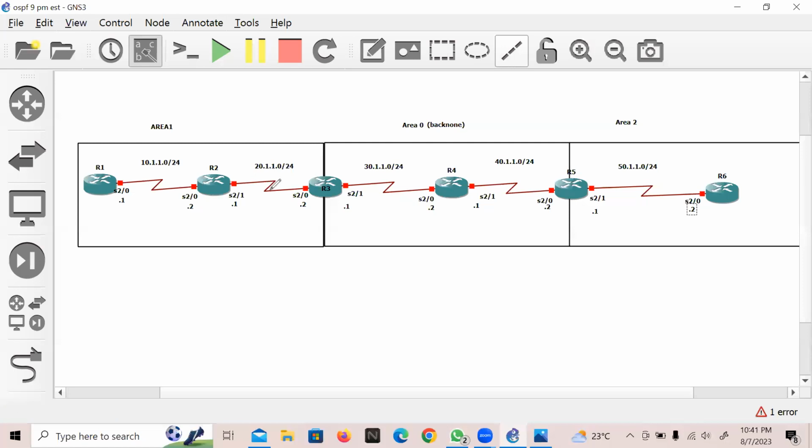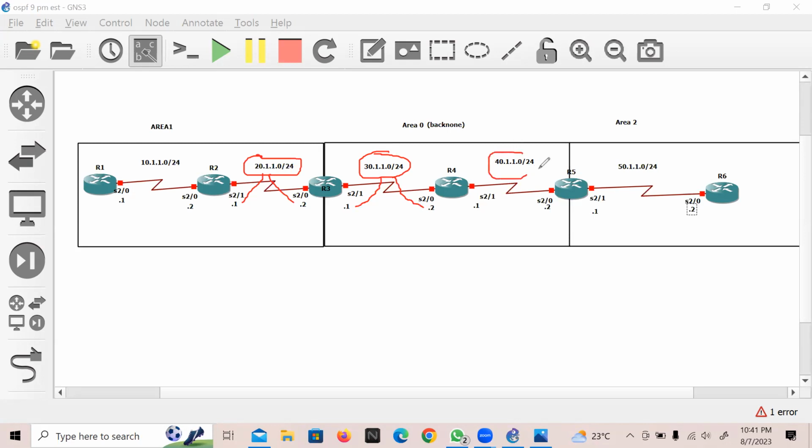Okay. Just see there. If I'm taking 20, I'm taking IP from this network. So 1 means 20.1.1. And this 2 means 20.1.1.2. Same thing here. 30.1.0. Point 1 means 30.1.1. 30.1.1.2.